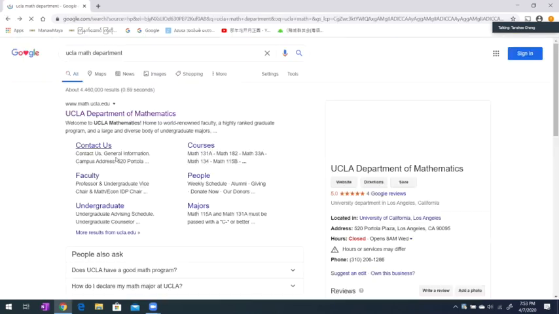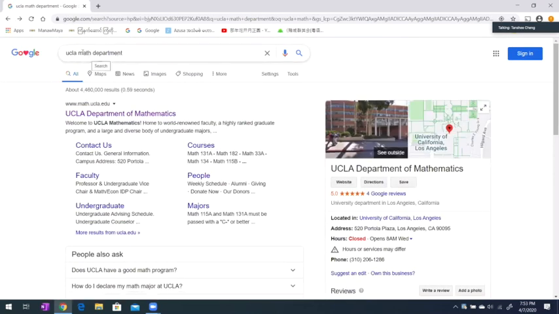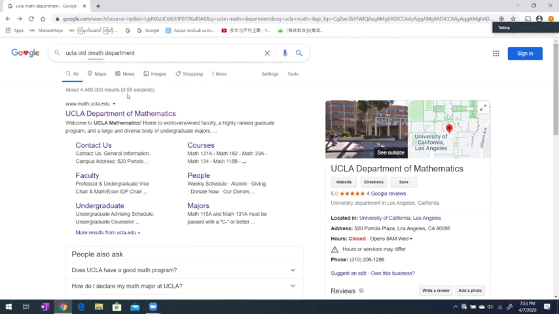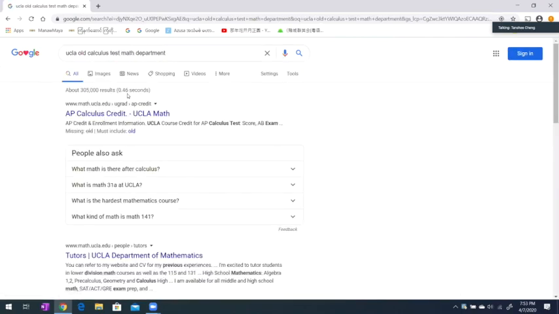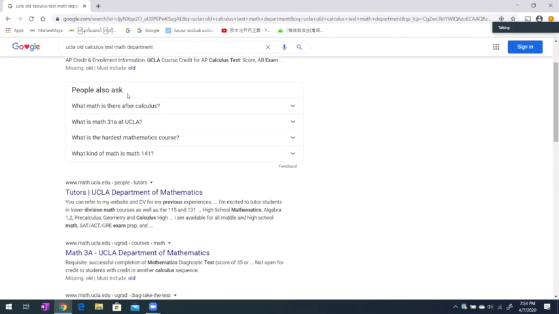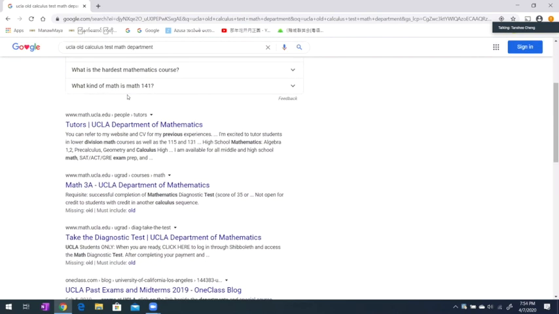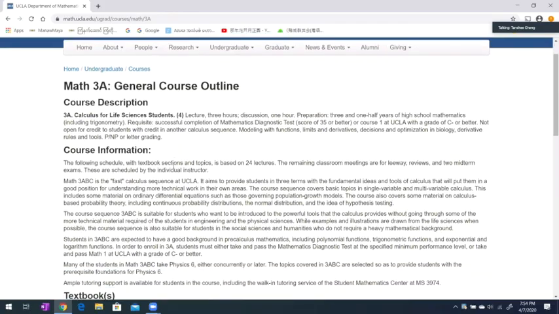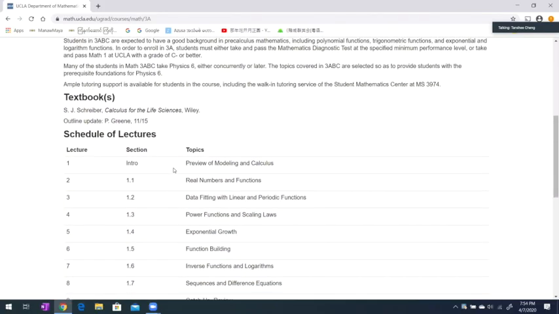Anyway, I can say UCLA old test, something, type it in like that, it might come up. Tutor, UCLA Math Department, Math 3A. I don't know what that is, but let's take a look. General course descriptions.